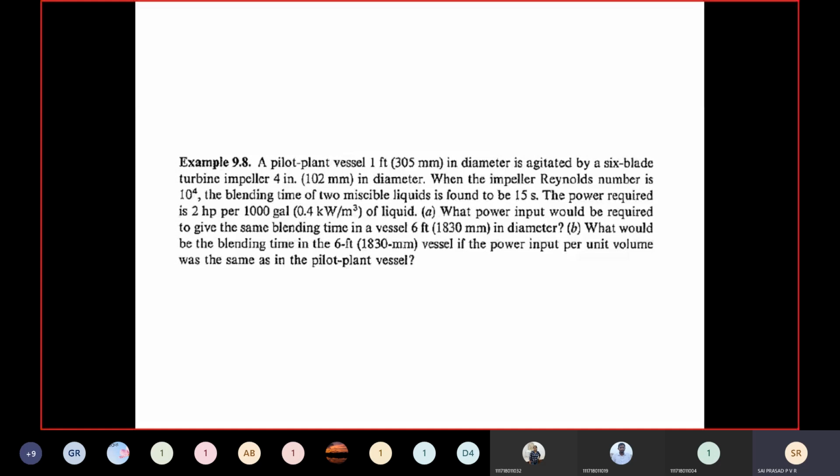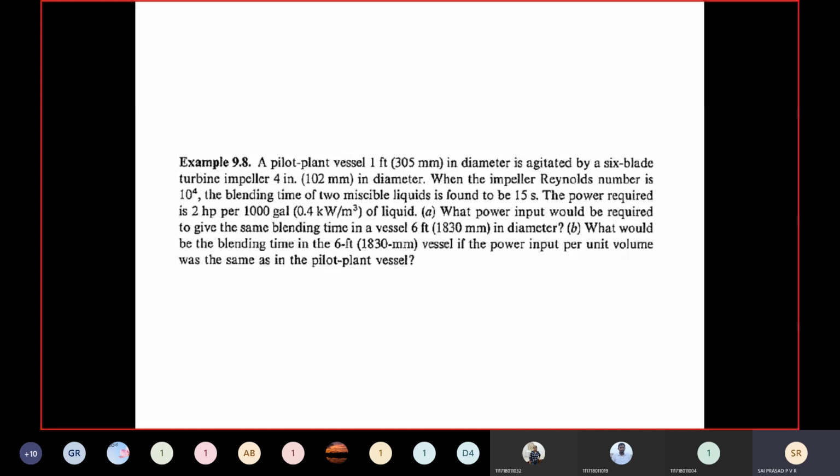Now what is the diameter of the large process vessel? That is 1830 millimeters. What is the diameter of the pilot plant vessel? That is 305 millimeters. So you can imagine the diameter of the tank in the pilot plant vessel is 305 millimeters, whereas in the large process vessel it is 1830 millimeters. This indicates that we are transferring our data from pilot plant to large process vessel.